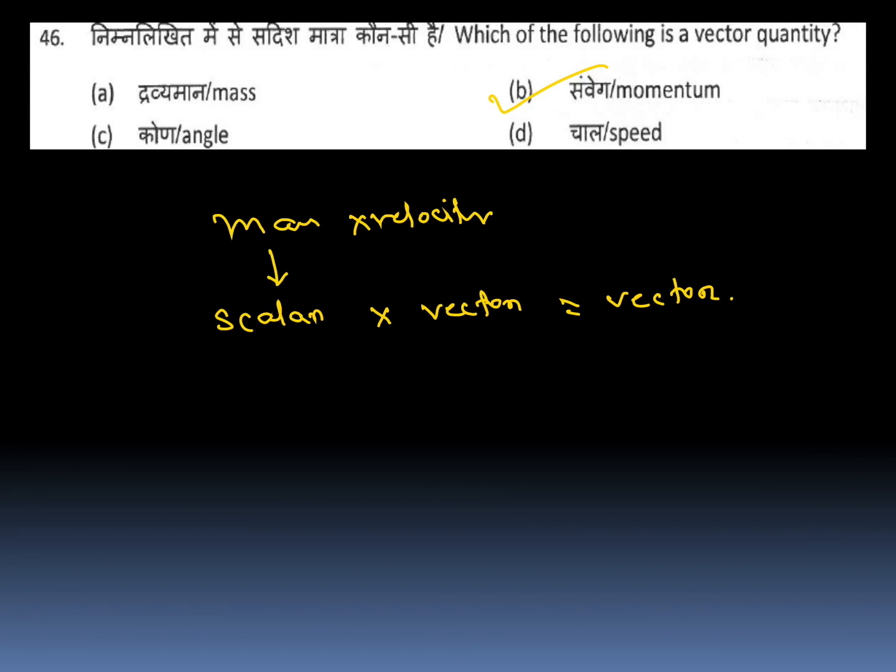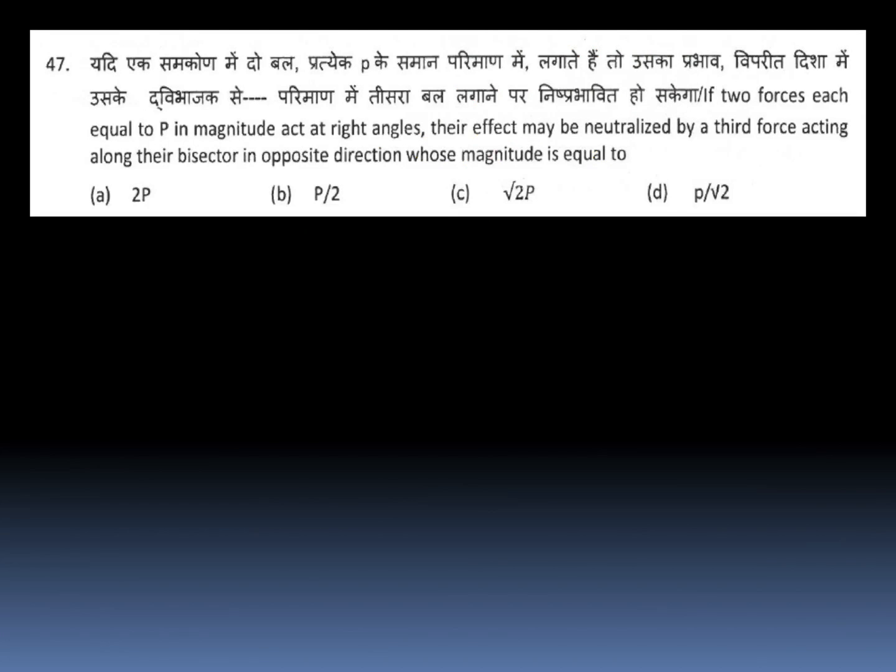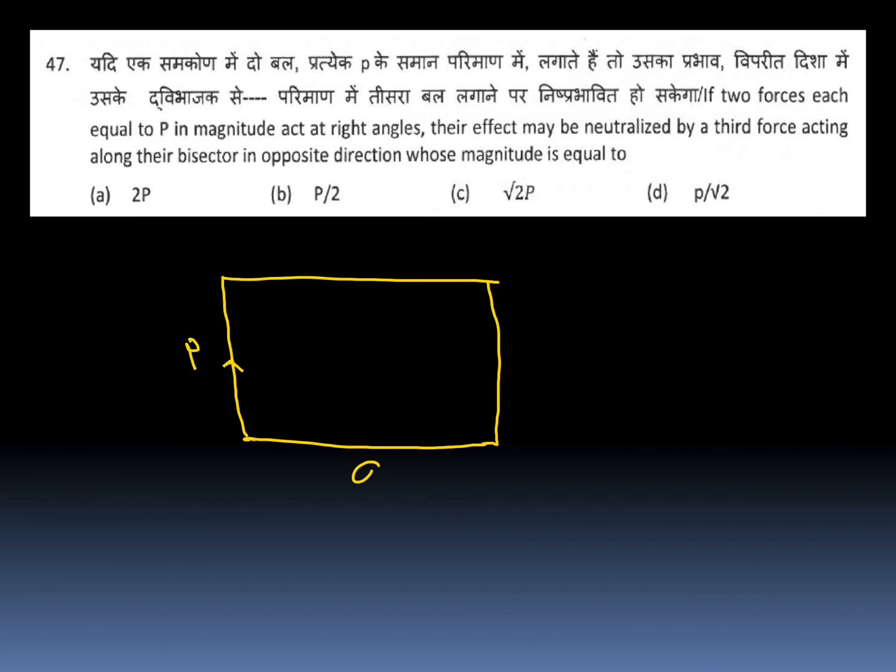If two forces each equal to P in magnitude act at right angles, their effect may be neutralized by a third force acting along their bisector in the opposite direction whose magnitude is equal to how much? P and Q are at right angles. Let this be P, then Q. The resultant force R, we will apply the parallelogram law here.